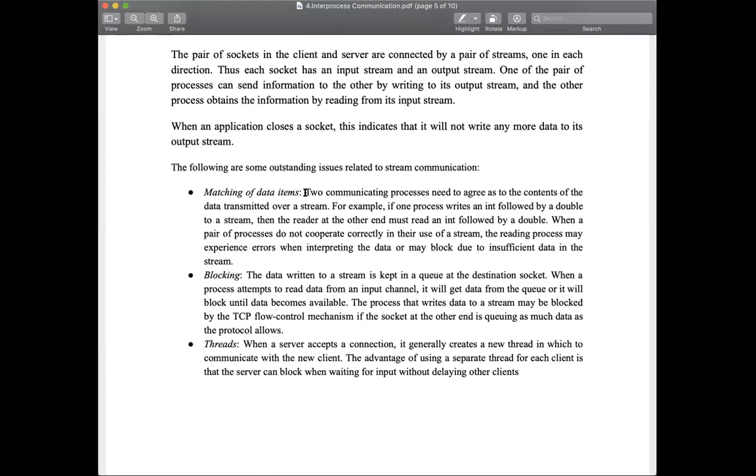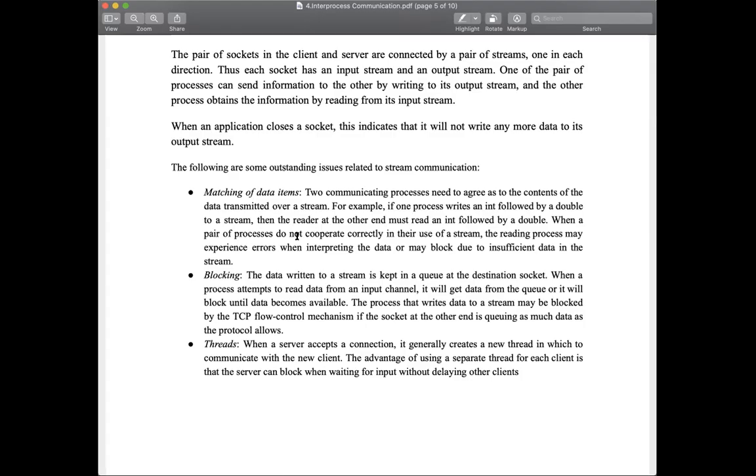If you send the integer information first and then the string information, the receiver also has to receive that information and process it in the respective order. So that's the matching of data items. That's a problem we are having with TCP.